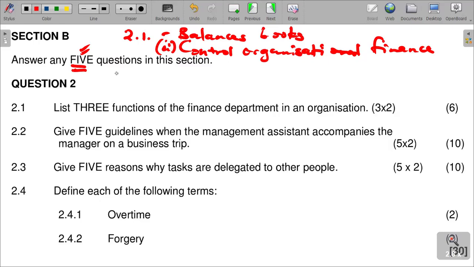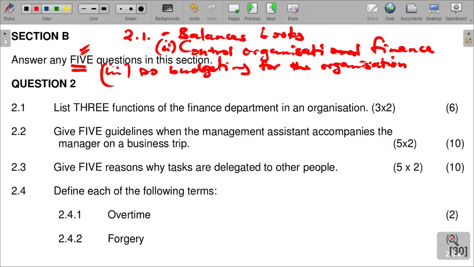They also do budgeting and submit. They ensure that they do budgeting for the whole organization.